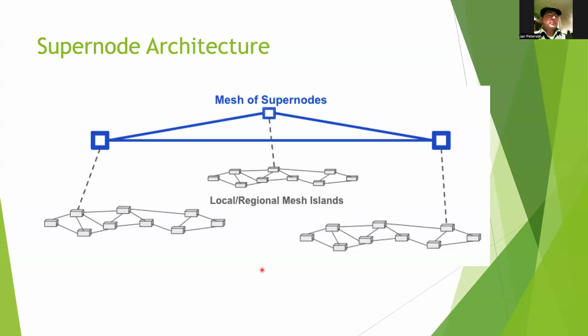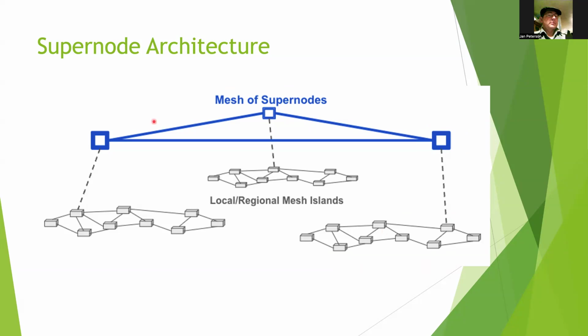AREDN is also now supporting what they call a supernode architecture. And you're running a supernode instance, Sam. So what we have in a situation like this is you have a local mesh, and that mesh is connected into a mesh of supernodes. You can think of this as like a tree structure. These guys are at the leaf end of the tree, but they're actually fully functioning mesh networks. They're not just a single node.